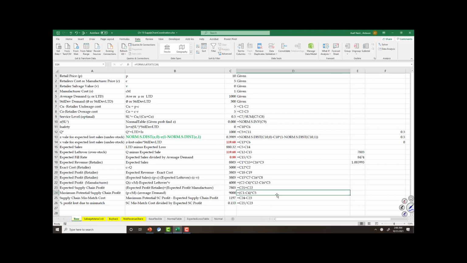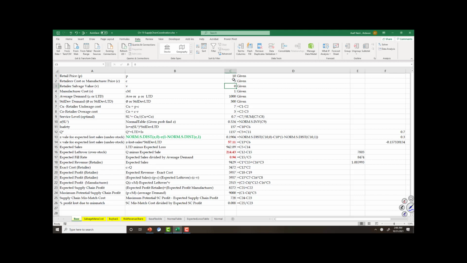The difficulty here, when we set the transfer price equal to 1, is this. Supply chain profit goes up, but all of it goes to the retailer, and the manufacturer or supplier makes no profit. There are two ways. Either they should agree to an appropriate transfer price.